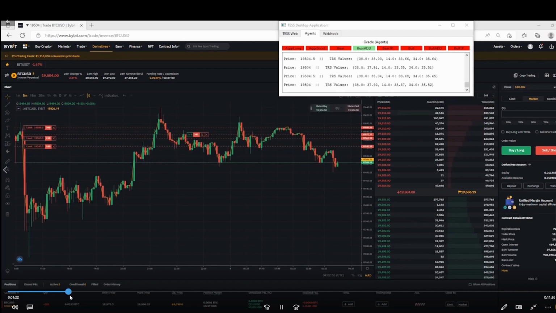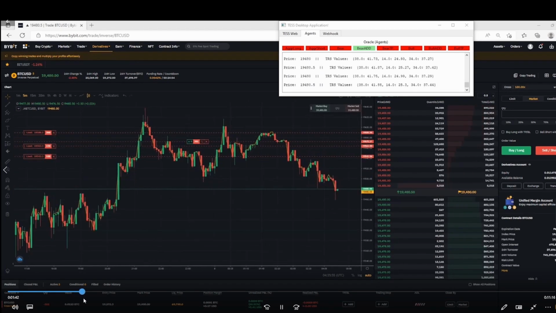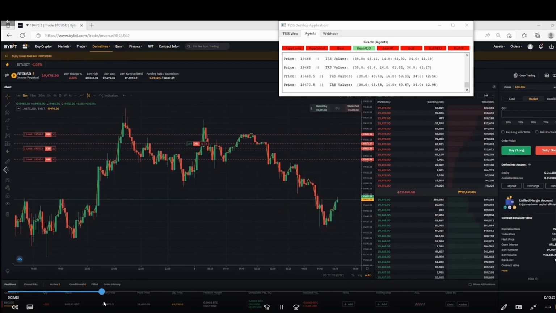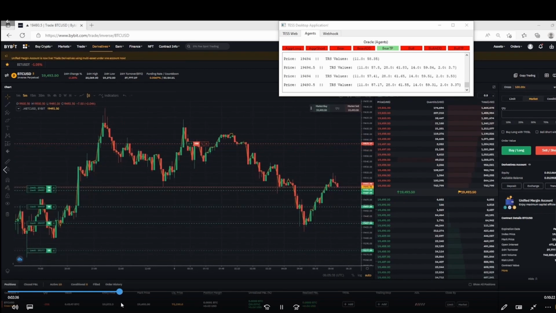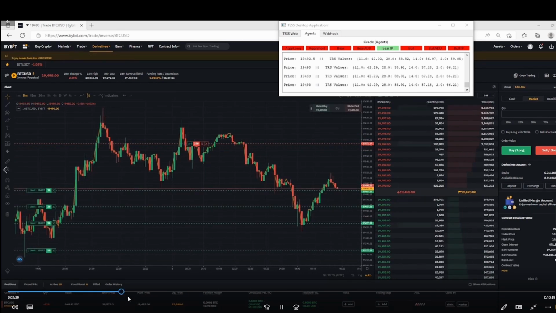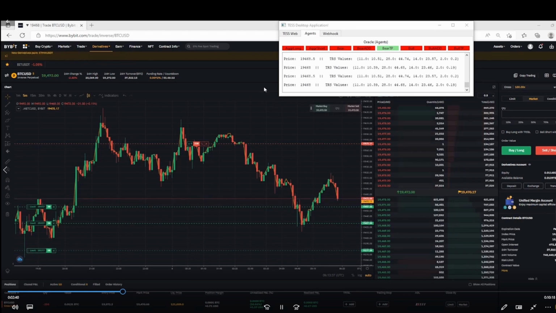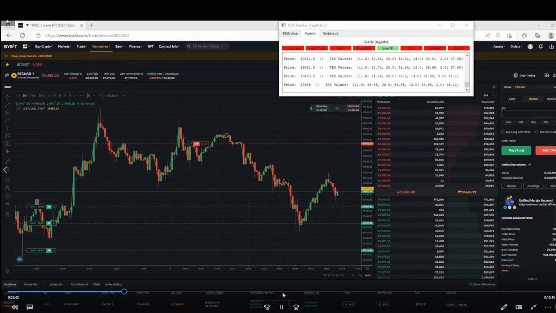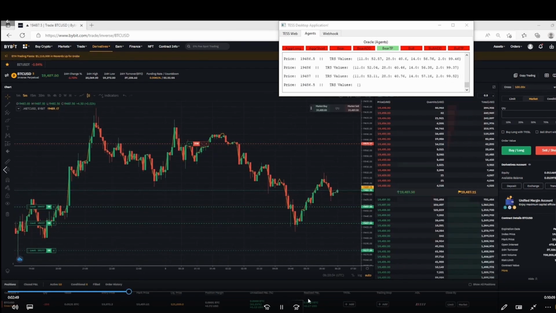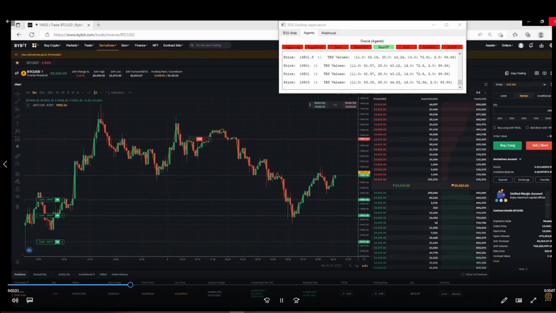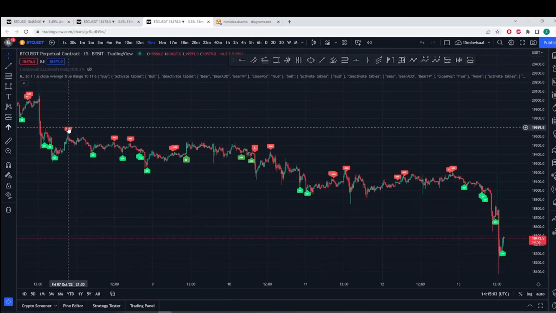Now this particular short goes on for a little while and doesn't take any profit. Oh, here we go, we get the bear take profit. We have some take profits being placed. Just to have a quick look, where are we right now? We had an add alert, now we're at the take profit alert. This is where we are right now in the chart.